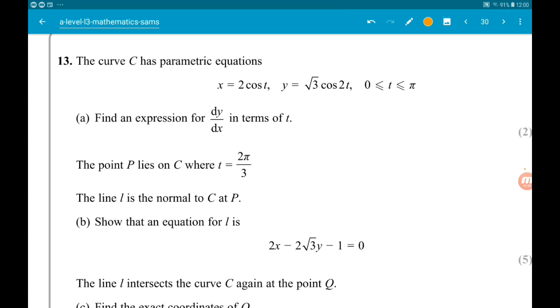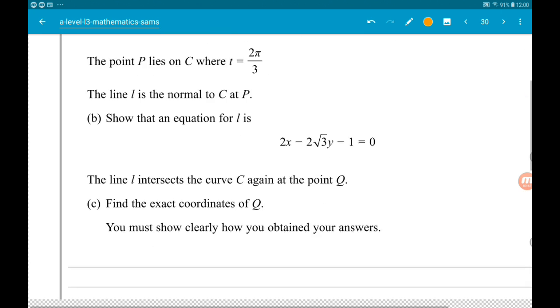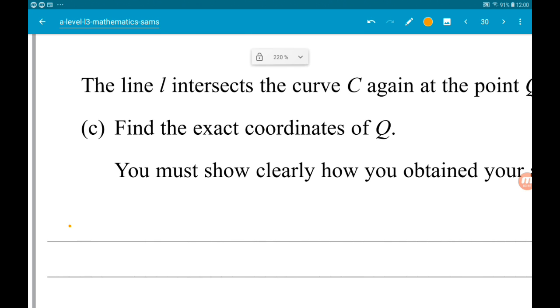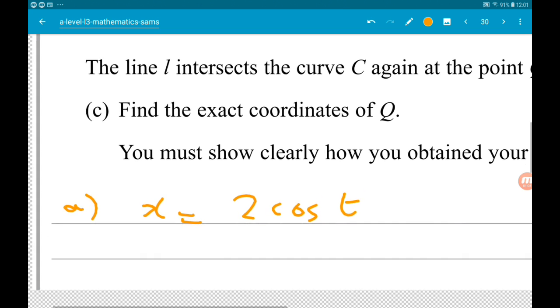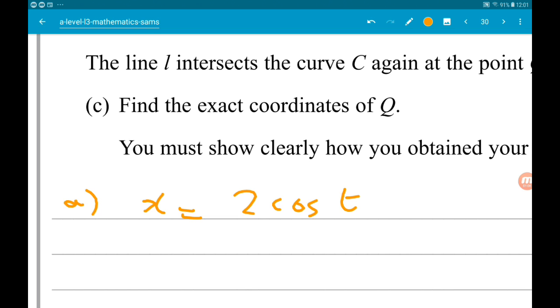Okay, so for that we need to differentiate x and y in terms of t. So x is 2 cos t. So dx by dt is equal to minus 2 sine t.